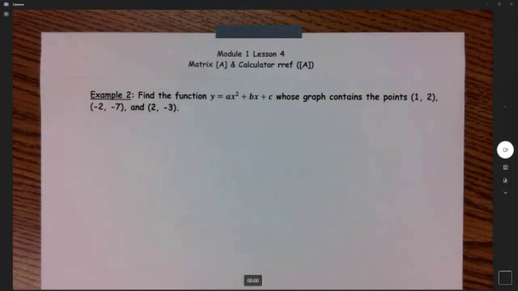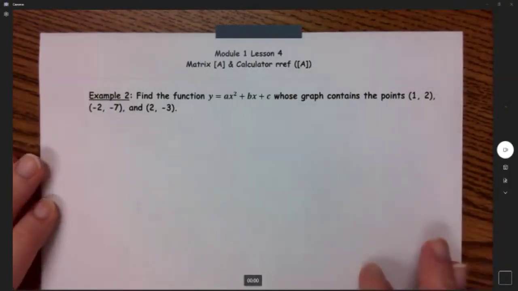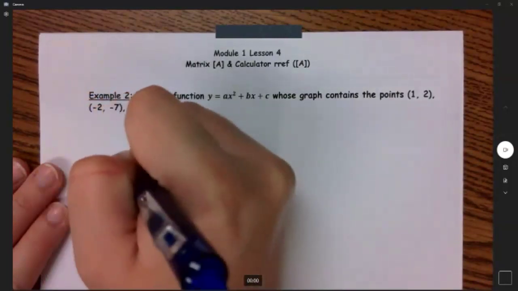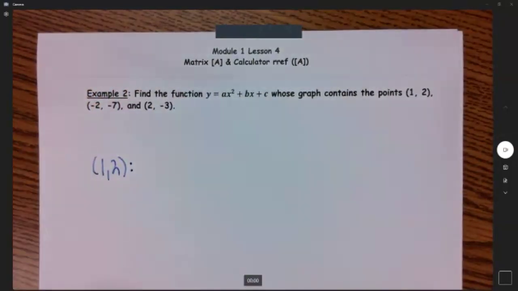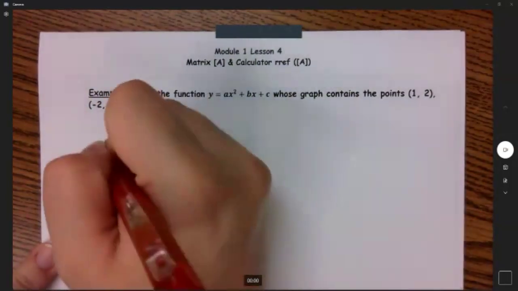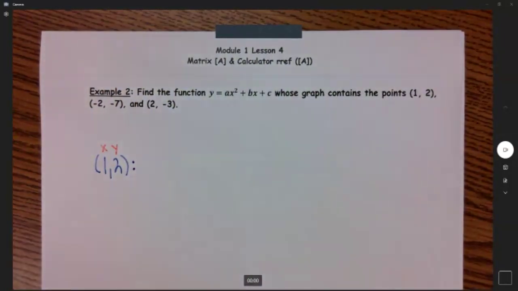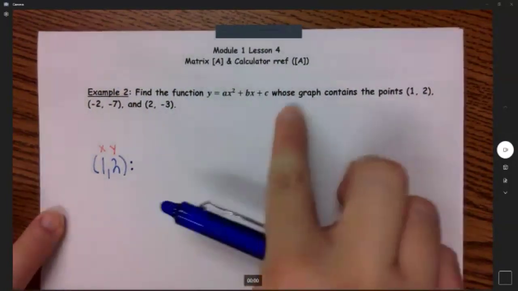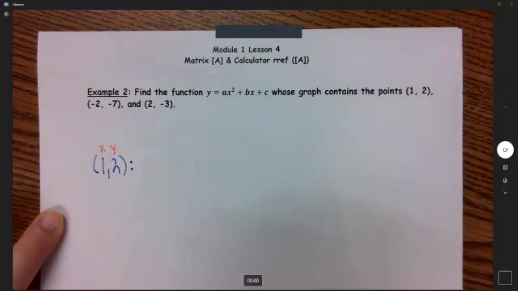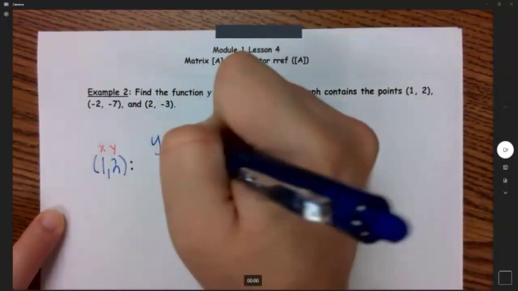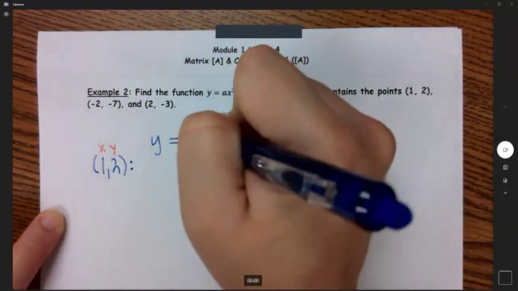All right, so let's start with this first ordered pair. We have 1 and 2. Ordered pairs are always in the form of x comma y. I need to substitute it into this formula right here. So I'm actually just going to go ahead and write this out real quick.